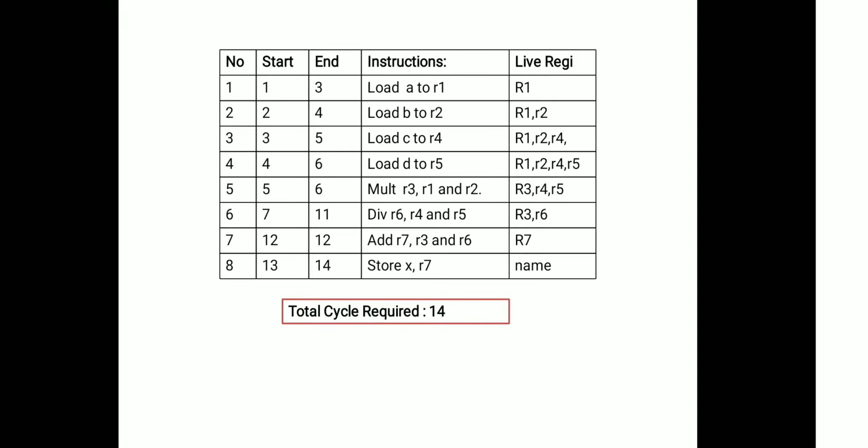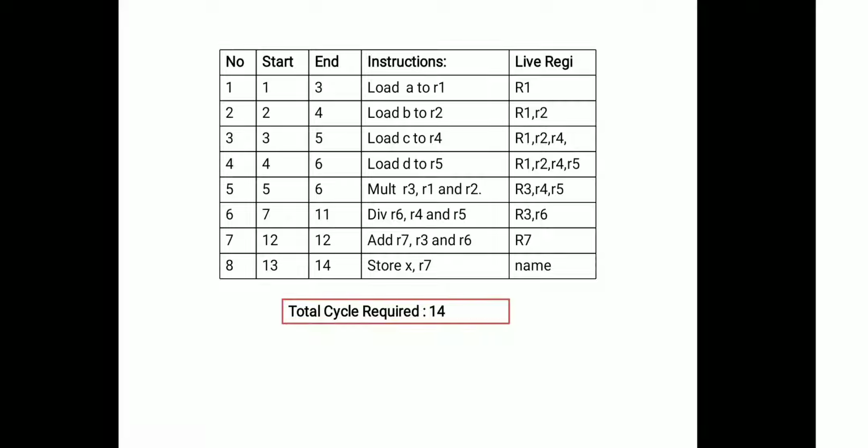When we go this way, the total cycles required is 14 when we compute it. So go for checking the dependent and independent instructions. Independent instructions can be performed simultaneously, but dependent instructions have to wait until they get some input from other instructions.